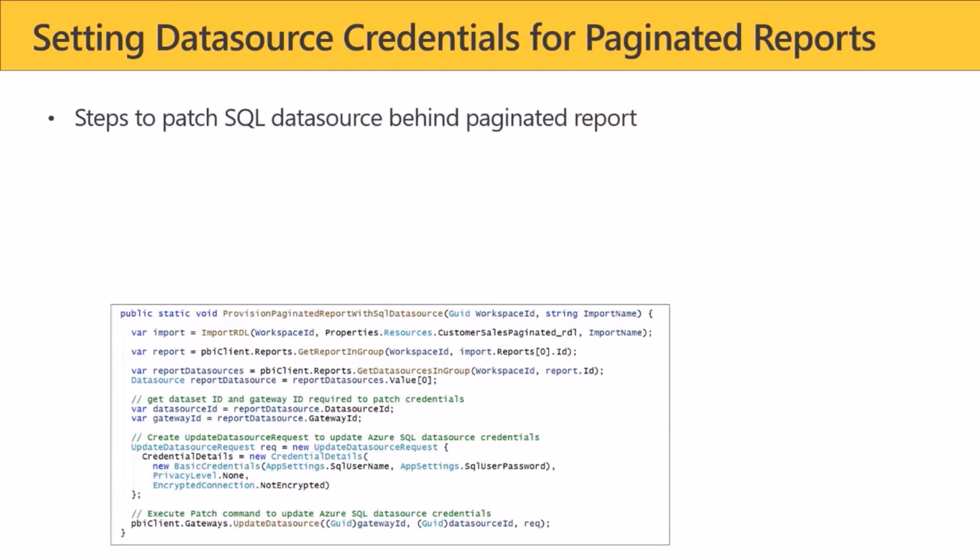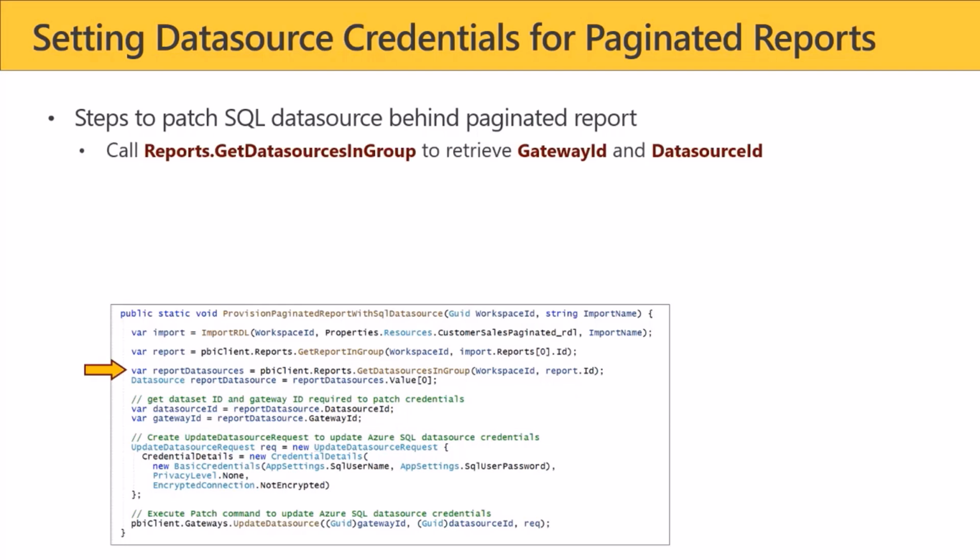Now, let's say that we've just imported a paginated report, but it doesn't bind to a data set. It binds directly to SQL. So we need to patch the data source. Once again, here are the steps, and I'll bring in the arrow when something is different. So here, this is different. Before, you called datasets.get data sources in group and passed the dataset ID.